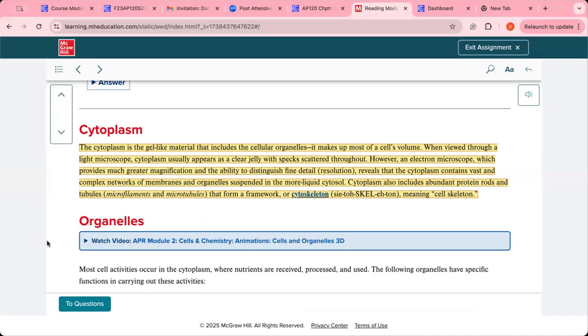So cytosol is within the cytoplasm that contains where the organelles and the membranes are. So let's see what the question says.